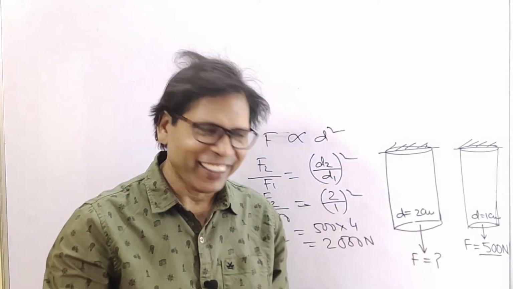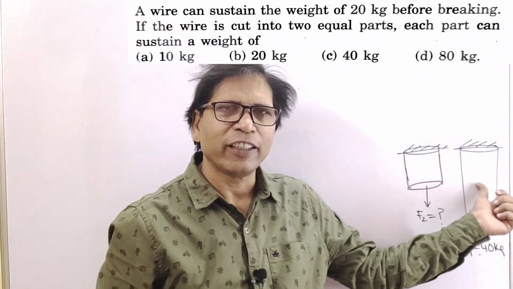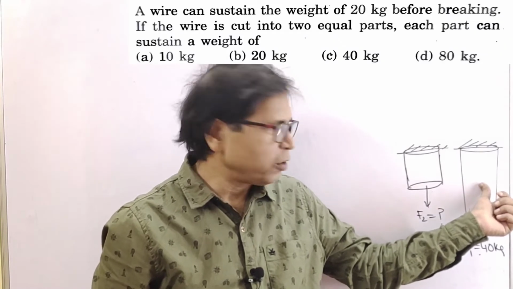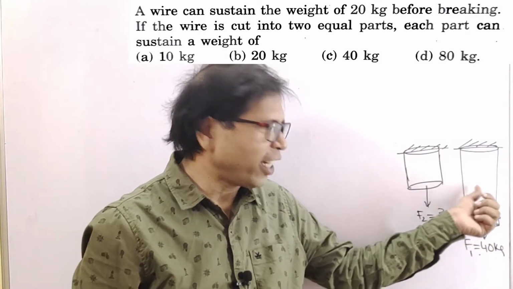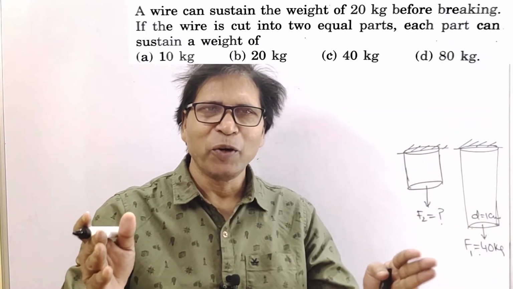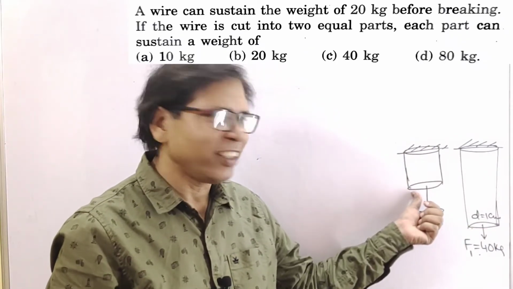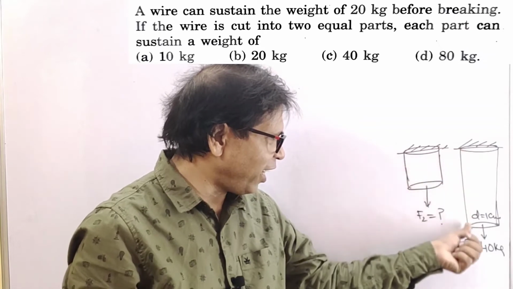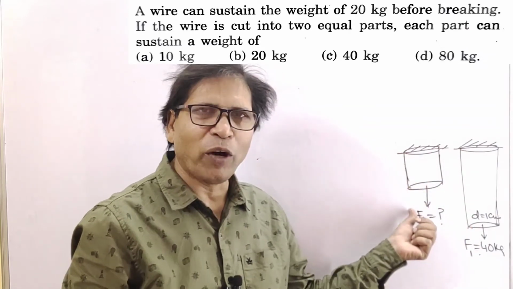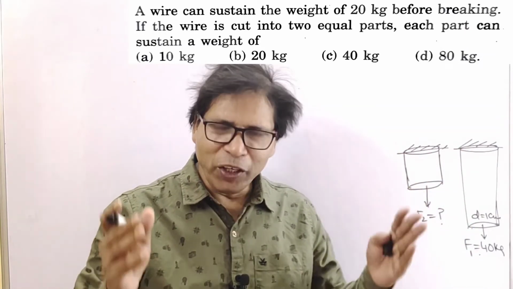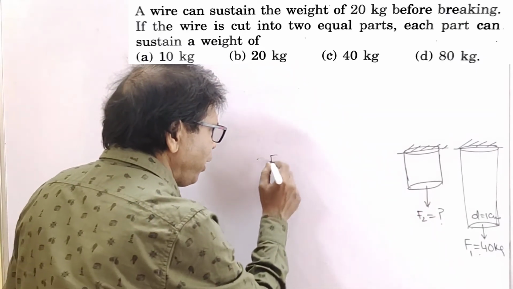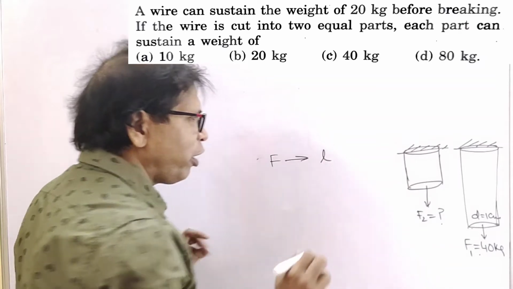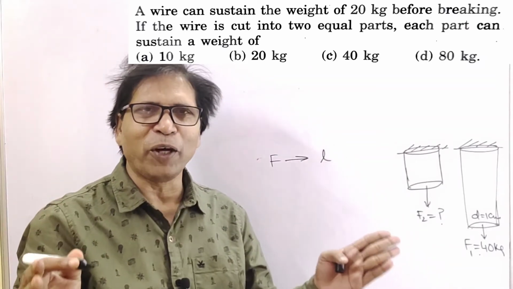Okay, next. The breaking force for this wire is 40 kg. Now it is cut into two equal parts. What will be the breaking force of this? This is the length L and this is the length twice L. We know the breaking force is independent of length, so it does not depend on length of the wire.